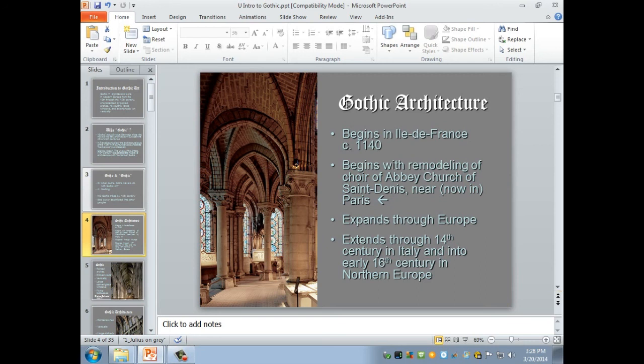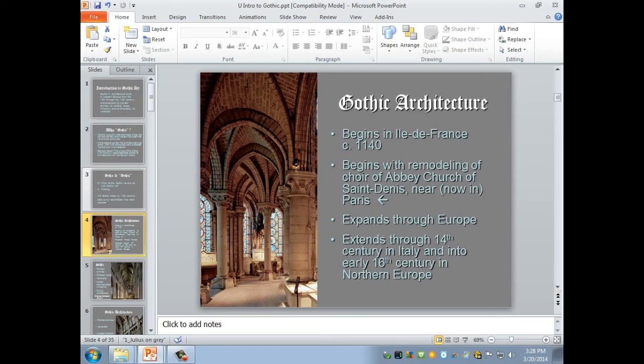It begins in the Ile-de-France around 1140. Now, the Ile-de-France is the area around Paris. So it's just before the middle of the 12th century, about 1140.